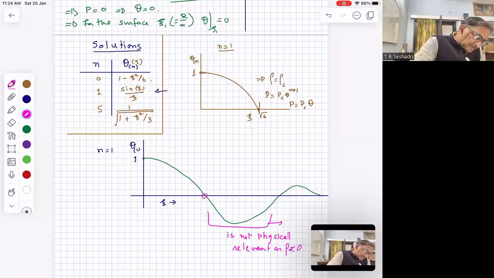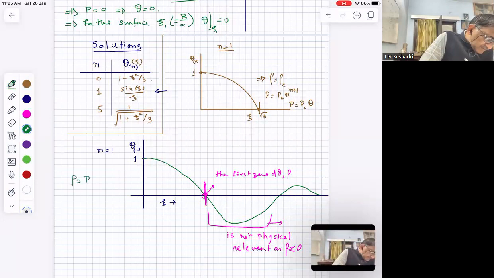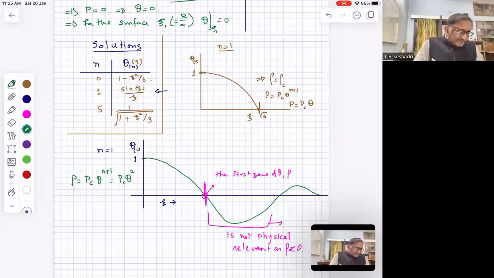So this point here is the first 0 of theta as well as rho. And so the point is, if similarly, in this case, you calculate P equal to Pc theta to the power n plus 1, which is equal to Pc theta square, P will be 0 when theta is 0. And so this is the boundary of the star.